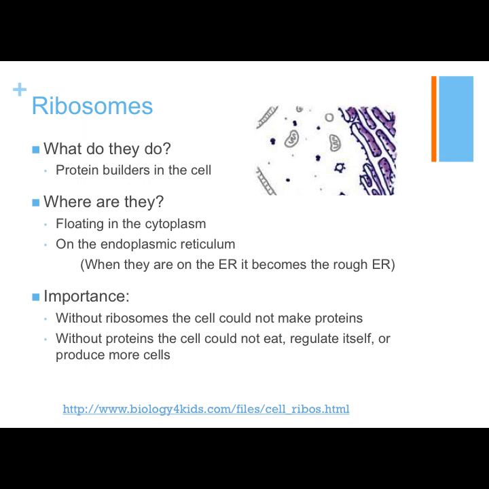Ribosomes are often referred to as the protein builders of the cell. You can find them floating around in the cytoplasm or often attached to the endoplasmic reticulum, known as the ER. Without ribosomes, the cell could not make proteins, and without proteins, the cell could not function. Proteins help the cell eat, regulate itself, produce more cells, and many, many other functions.